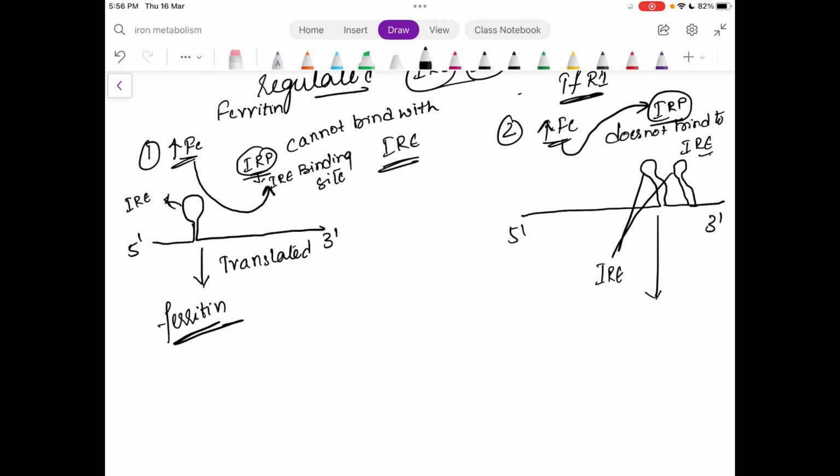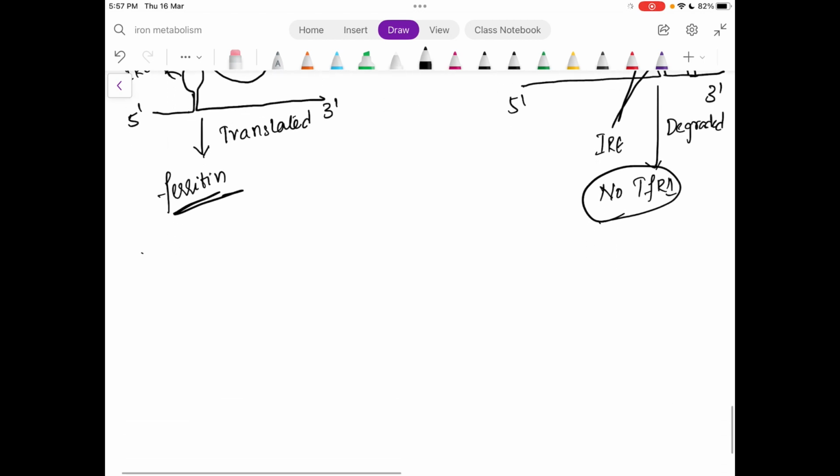If that is not binding, then this will be degraded and no transferrin 1 receptors are synthesized. If no transferrin 1 receptors are synthesized, then what will happen? Whatever iron is there, it will not be absorbed into the cells. At the tissue level, there is no absorption of iron into the cells, so there is no damage to the tissues. This is what happens at increased iron levels.